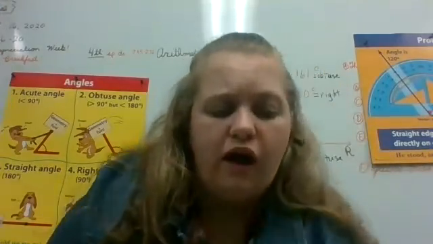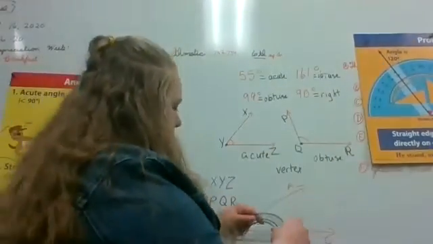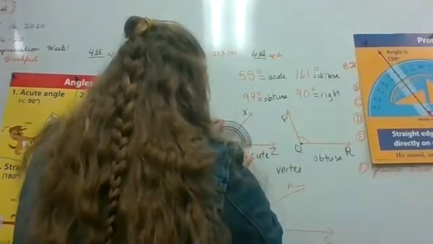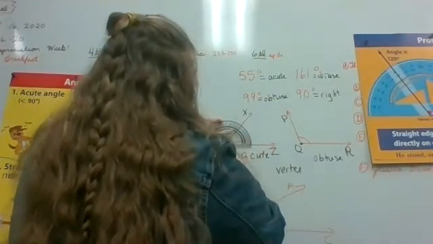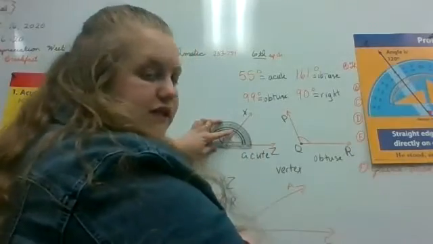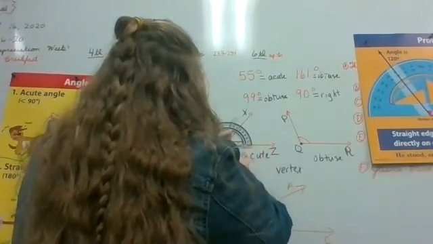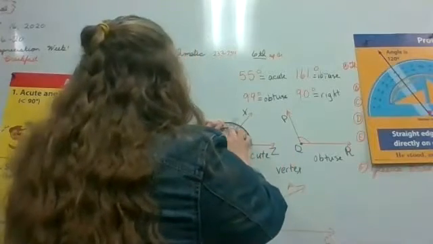On the board, I'm going to go ahead and measure a couple of these angles for you. Right here, remember we put the dot in the middle at the vertex, and you make sure that this is straight in line with the bottom of it.